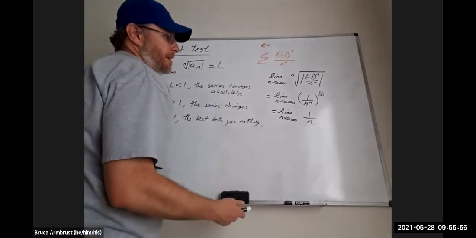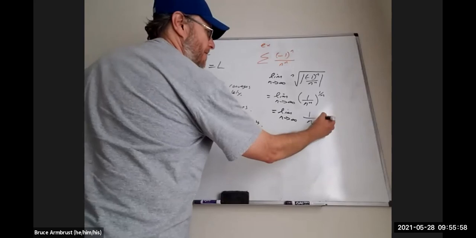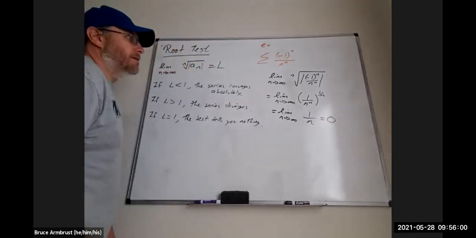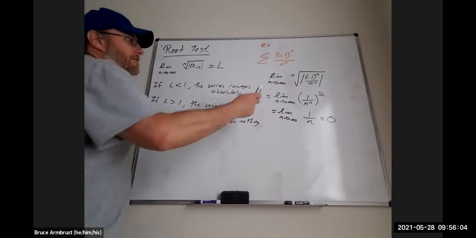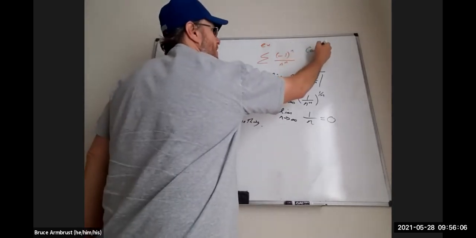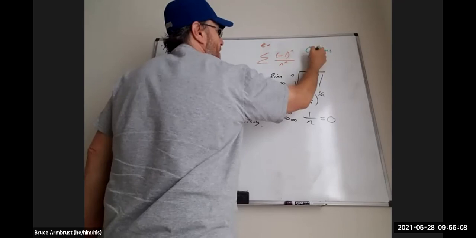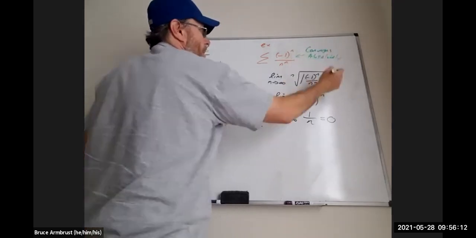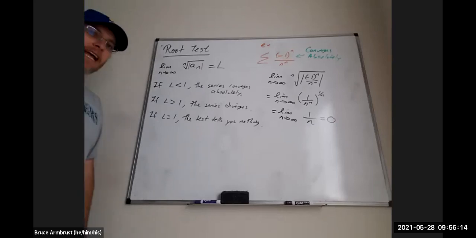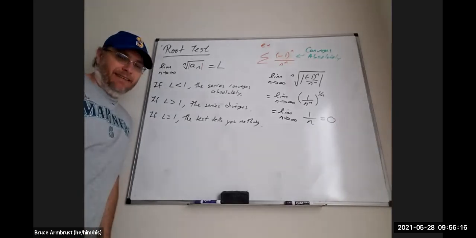All right, so limit as n goes to infinity on this is 0, which means I know now that this thing converges. Absolutely. And it was fast.